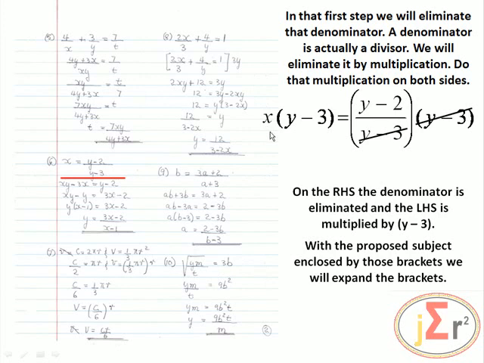Therefore, the best way to demonstrate that right here is to enclose the y and the negative 3 with brackets, so that it is very plain that we need to multiply by x. So x times y and then x times negative 3. Like that. And also like that. And what do we know? Everything is eliminated from that right hand side, so we have y minus 2 right there.